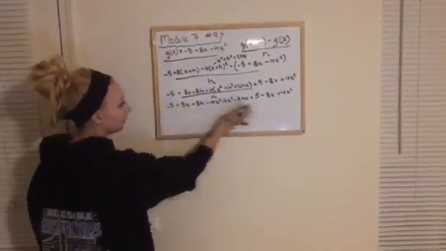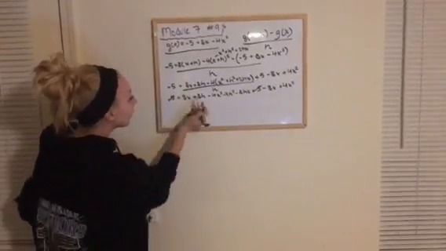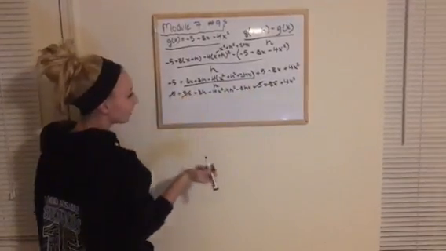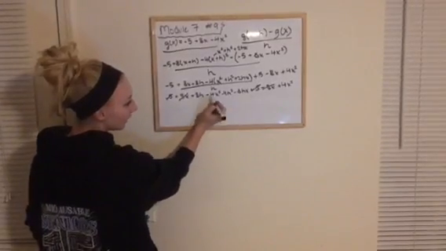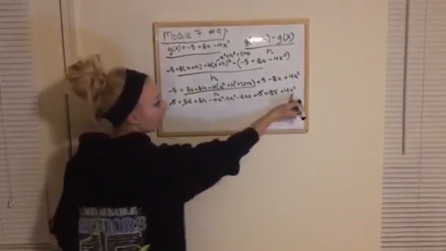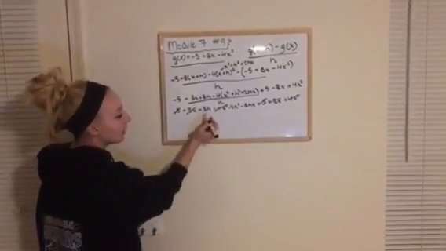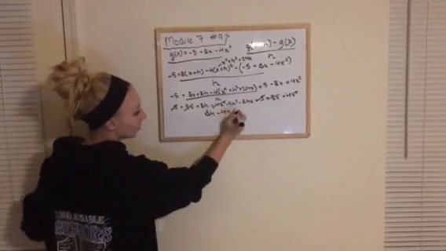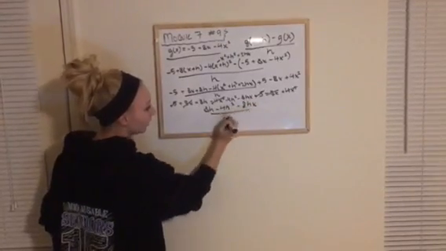Okay, and then from this point, you can go ahead and cancel any values. So we got negative 5 and 5, so let's just cancel that. We have plus 8x minus 8x, we can go ahead and cancel that. We got 8h, can't cancel anything with that. Negative 4x squared. Okay, so now at this point, all we're left with is 8h minus 4h squared minus 8hx, all divided by h.